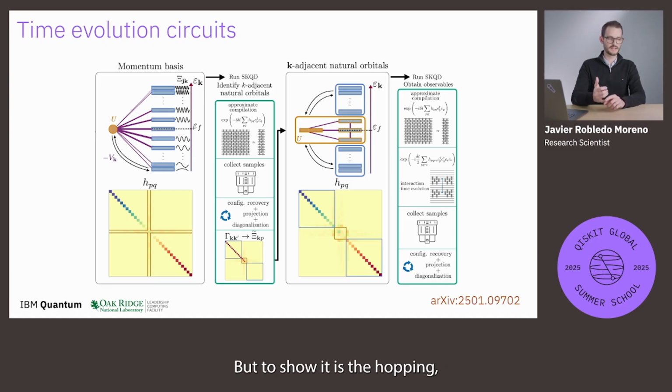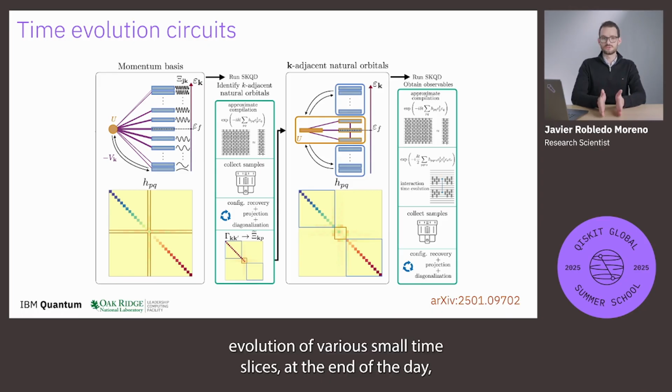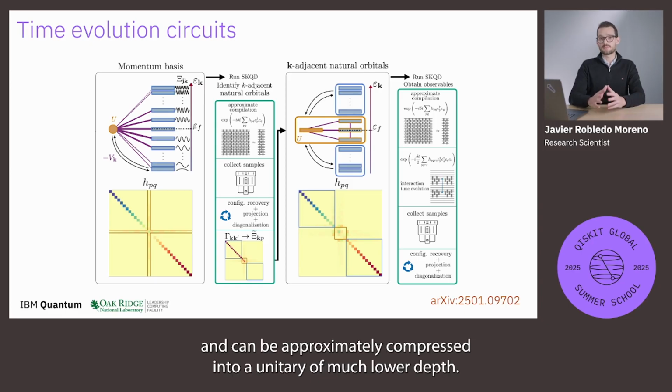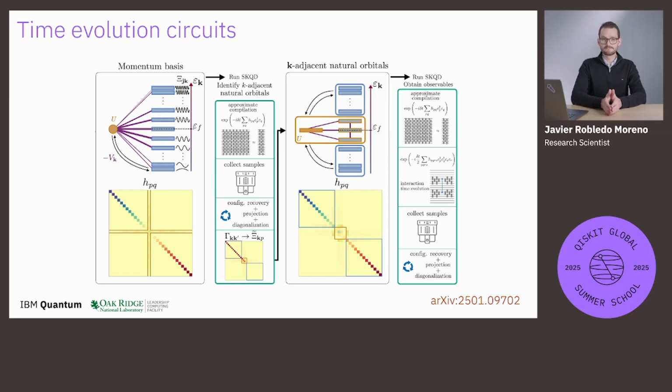It is the hopping of electrons from the impurity to the bath and vice versa. This requires a brickwork circuit of Givens rotations, but since we are doing Trotter evolution of very small time slices, at the end of the day, this unitary is not too far away from the identity and can be approximately compressed into a unitary of much lower depth, and we did so variationally.